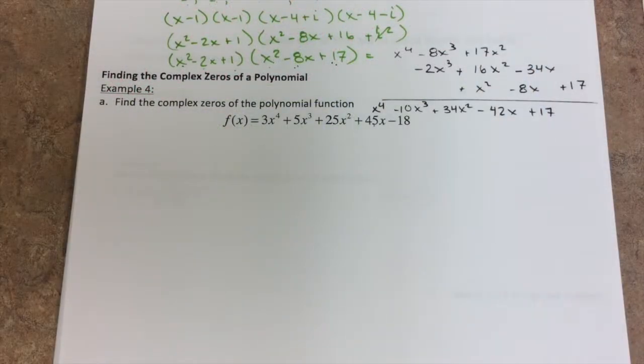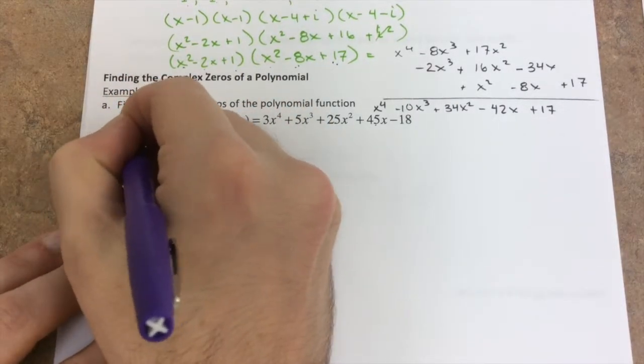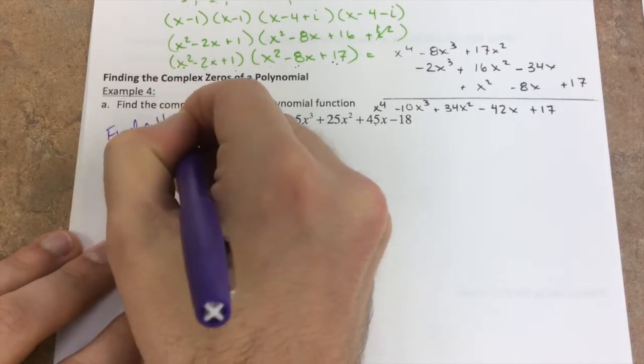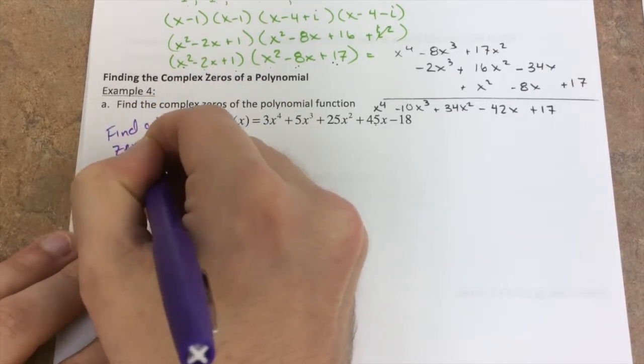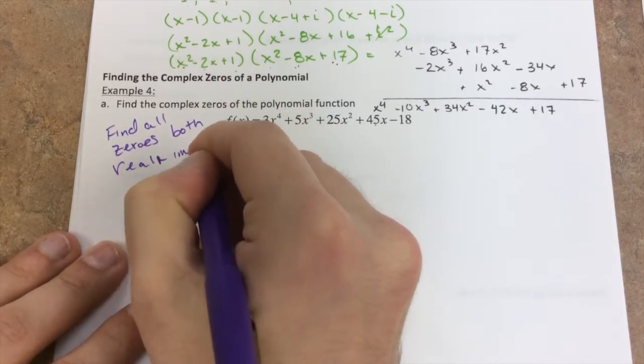So example 4, find the complex zeros of the polynomial function. When it's asking for the complex zeros, that's saying find all zeros, both real and imaginary.